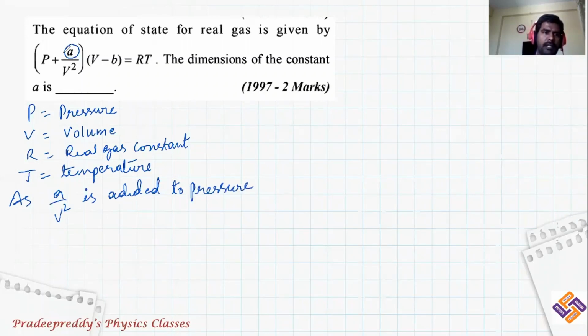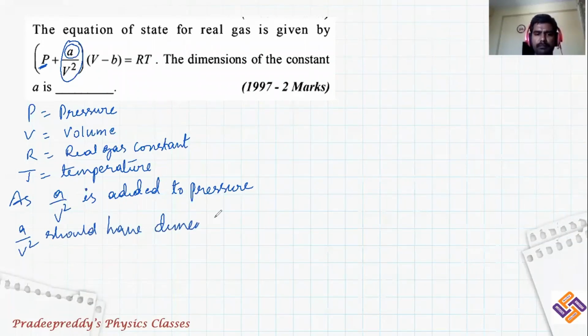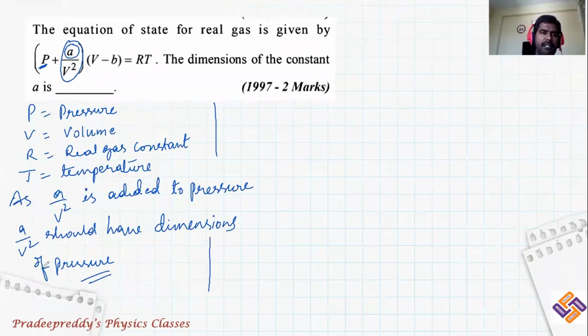As this total term is added to pressure, A by V square should have dimensions of pressure, because dimensions of same type can be added or subtracted.